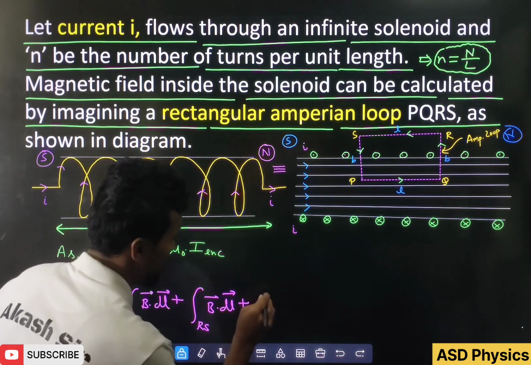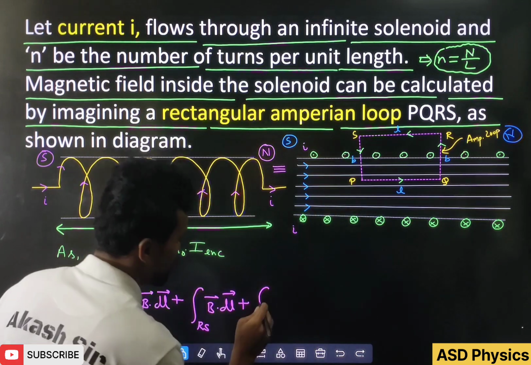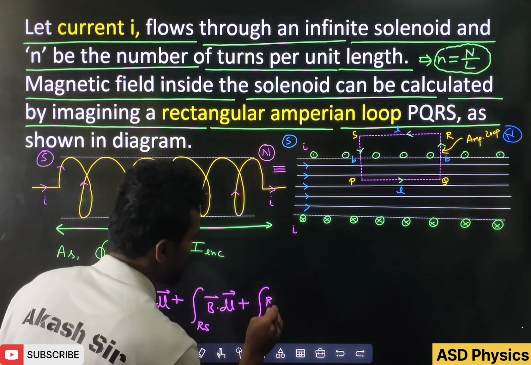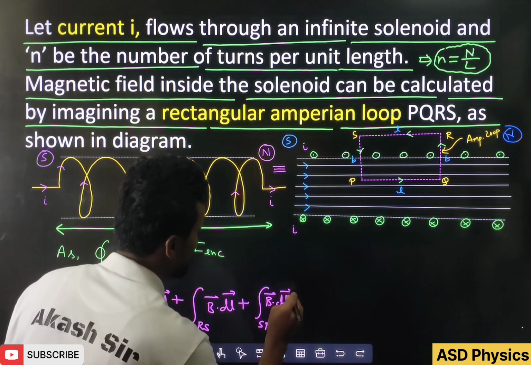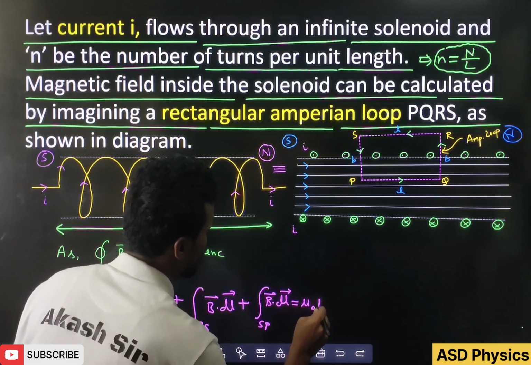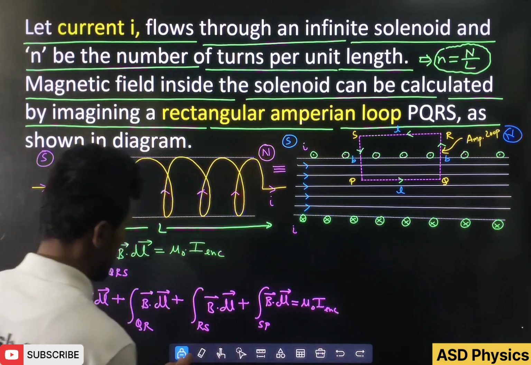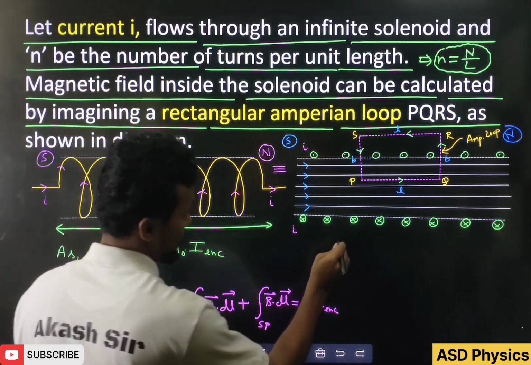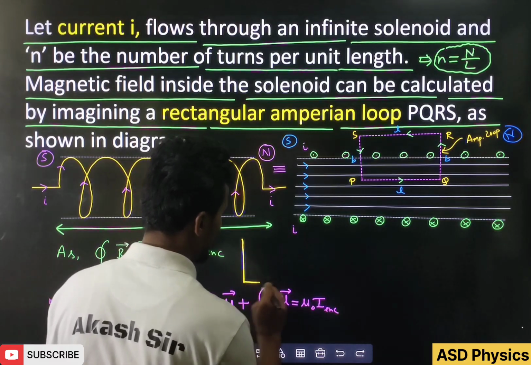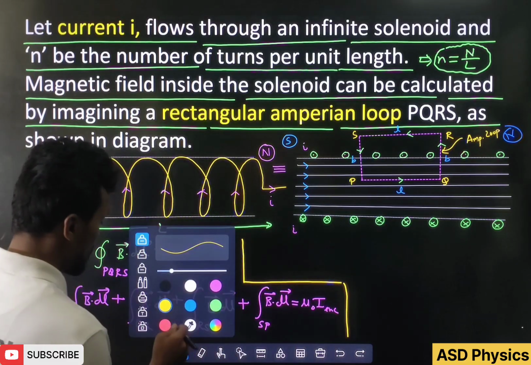Is it? And after that, S to P, B dot dl, is equal to mu naught into I enclosed here. Now this thing we have got. Now after that, just let me write here. See, like this. Now what will happen here?